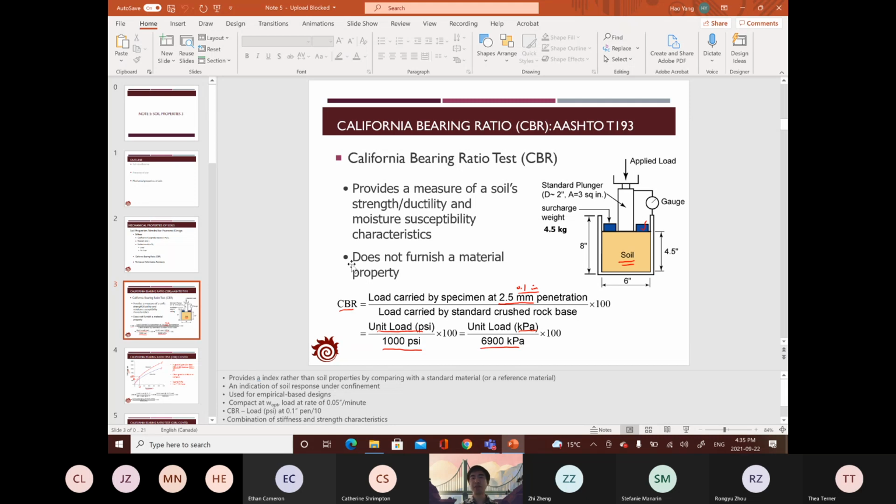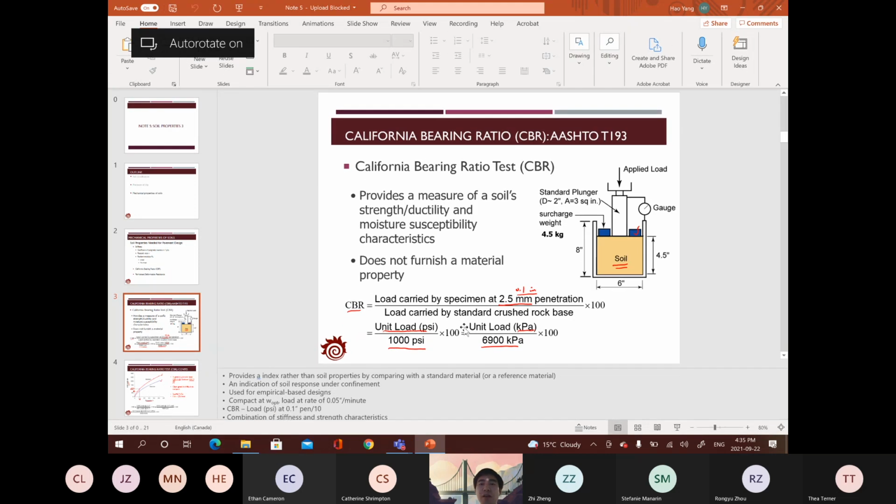The next step you have to do is finding the CBR, the California bearing ratio, for the sample that you prepared. Basically, we want to find the CBR with the equation defined in this formula. It's the load carried by the specimen at 0.1 inch penetration, divided by the load carried by the standard crushed rock base.